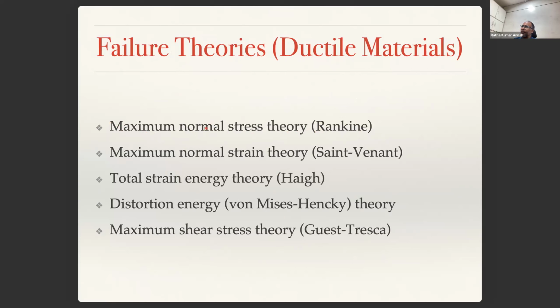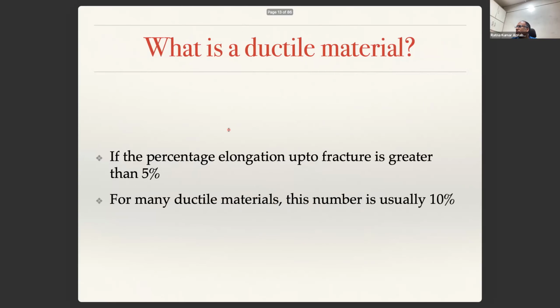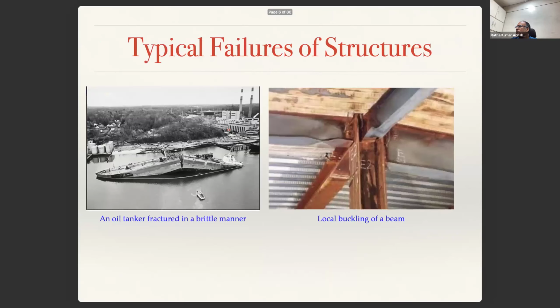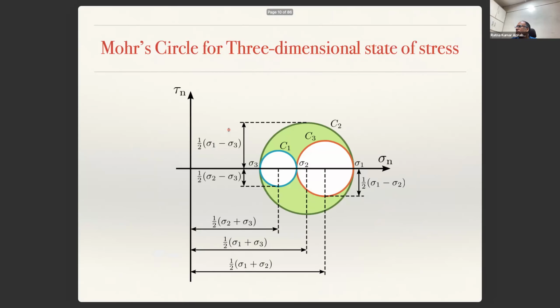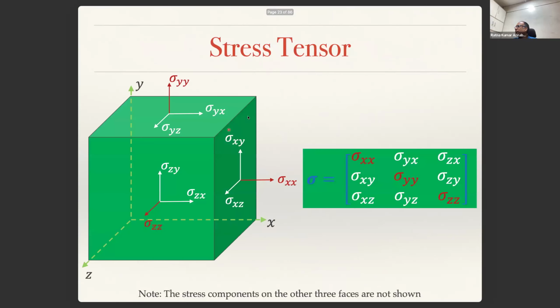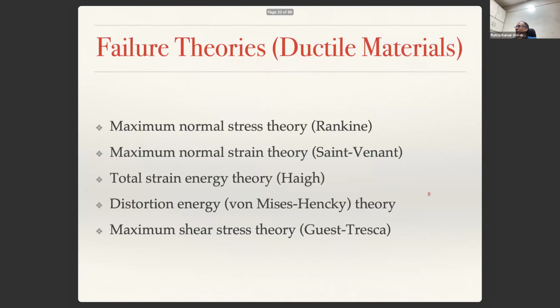What it tells you is that whichever normal stress is maximum in the given state of stress, for example, if you look at this state of stress, sigma xx, sigma yy, sigma zz, look at the maximum value of these 3, and if the maximum normal stress becomes equal to the yield strength of the material, that is when failure happens. That is what Rankine theory says.